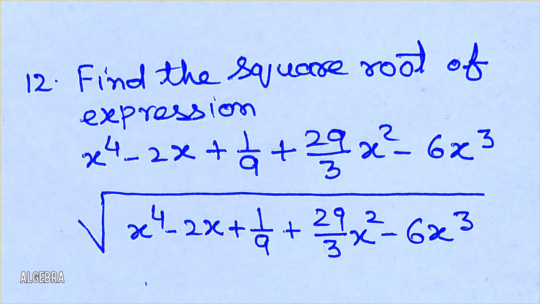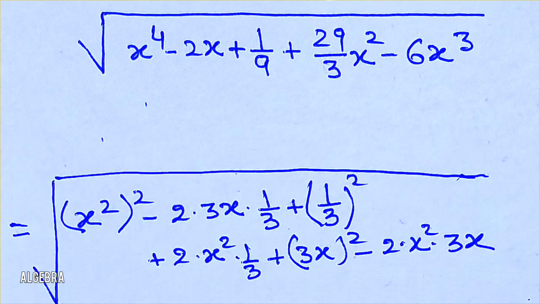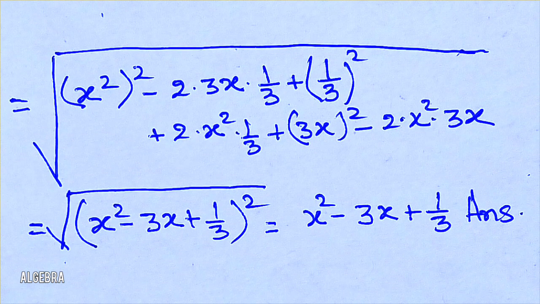Square root of x^4 - 2x + 1/9 + 29/3 x^2 - 6x^3 is equal to the square root of (x^2)^2 - 2 into 3x into 1/3 + (1/3)^2 + 2 into x^2 into 1/3 + (3x)^2 - 2 into x^2 into 3x, which is equal to the square root of (x^2 - 3x + 1/3)^2, which is equal to x^2 - 3x + 1/3.